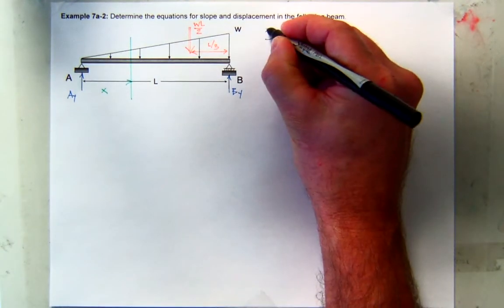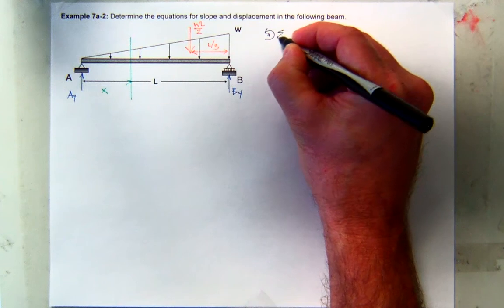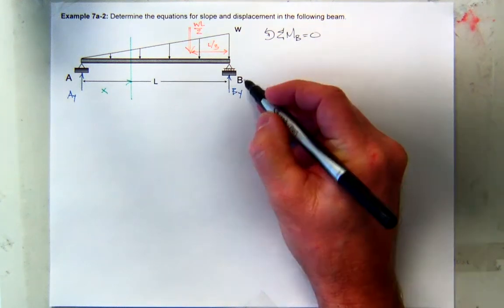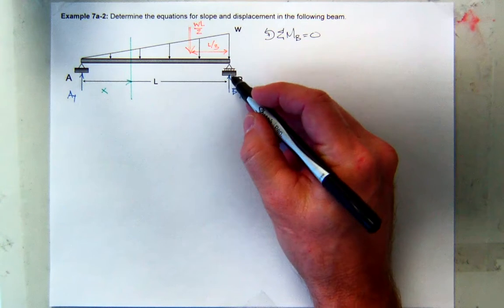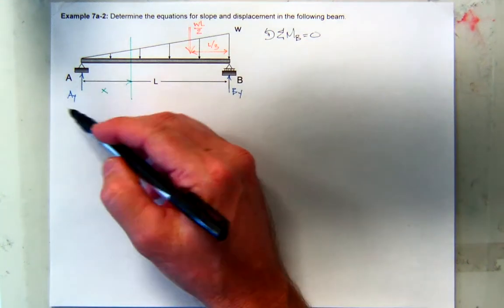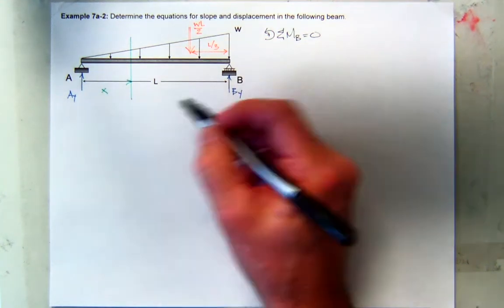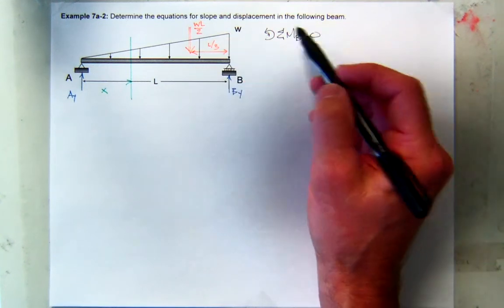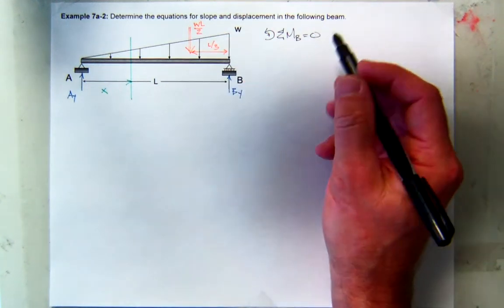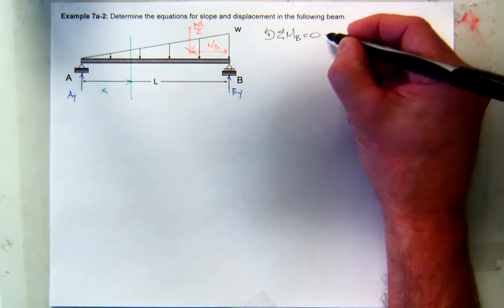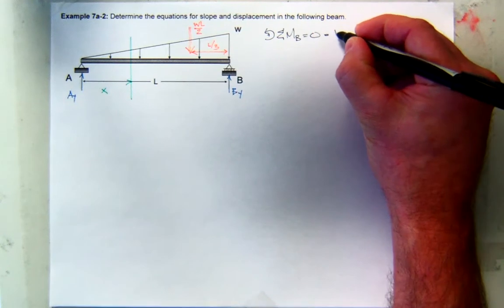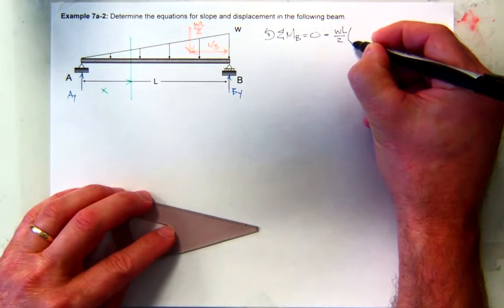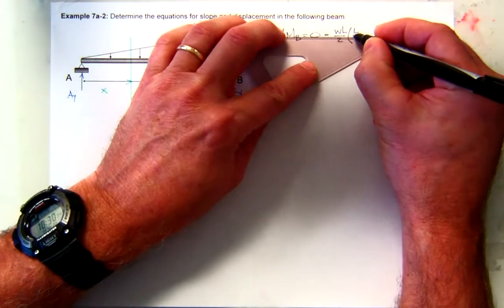So if we come back over here, and now sum moments at B, all right? By summing moments at B, we should be able to find our AY reaction. So about B, our concentrated equivalent creates what kind of moment with this sign convention? Positive, right? So it'll be the force, WL over 2, times the distance, L over 3.